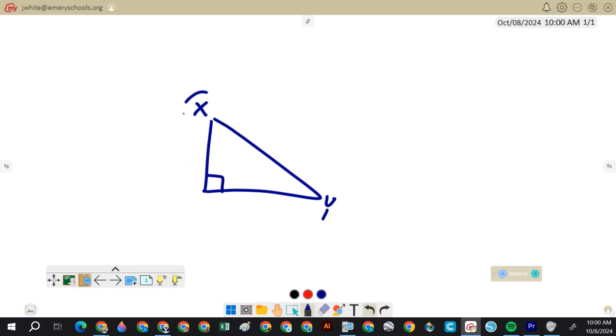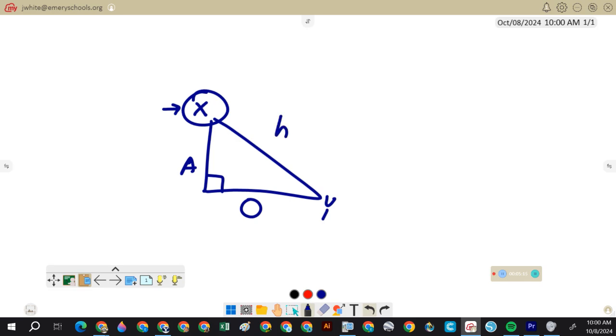So, if I'm looking at angle X, what is the name of this leg? Is it adjacent or opposite? Well, adjacent means next to. So if I'm looking at angle X, this is the adjacent and this is the opposite. And then, of course, this is the hypotenuse.